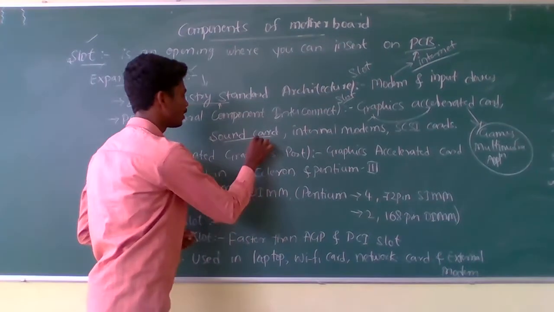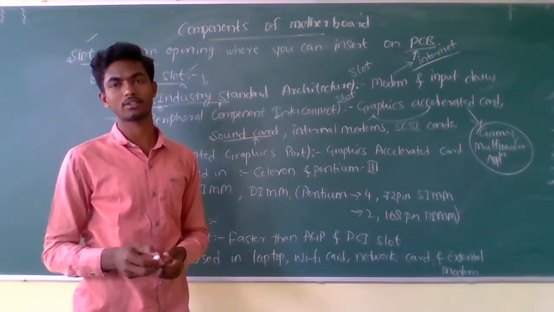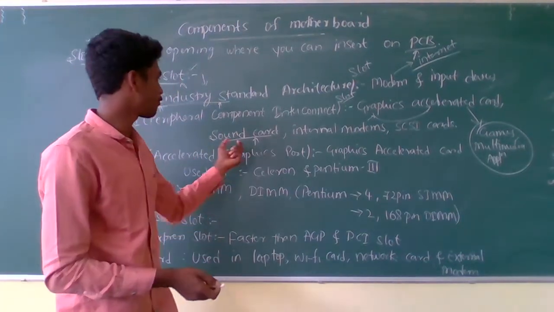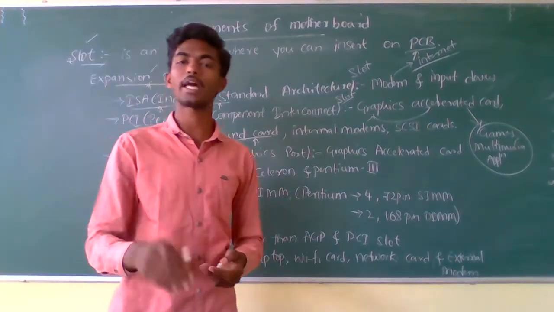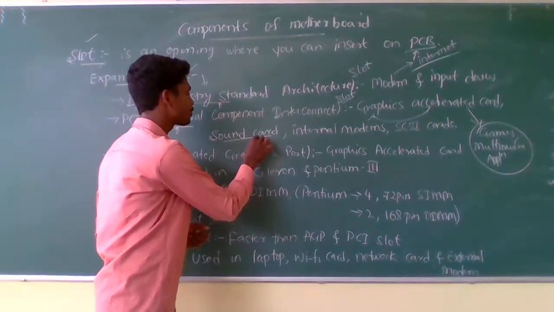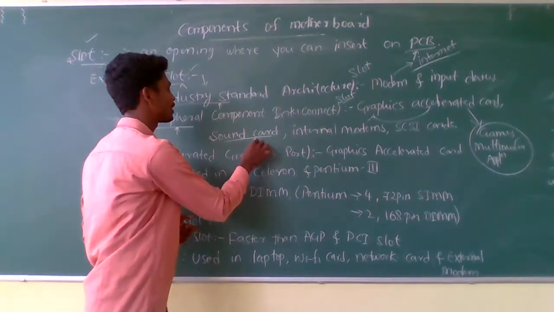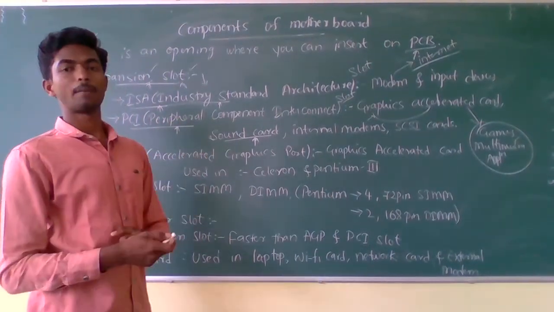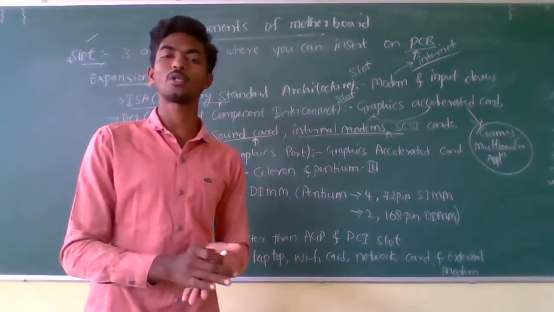Inbuilt sound cards are not available in some systems like desktops, so we can enhance the sound of a system by inserting sound components into the PCI slots. Internal modems and SCSI are related to the internet.